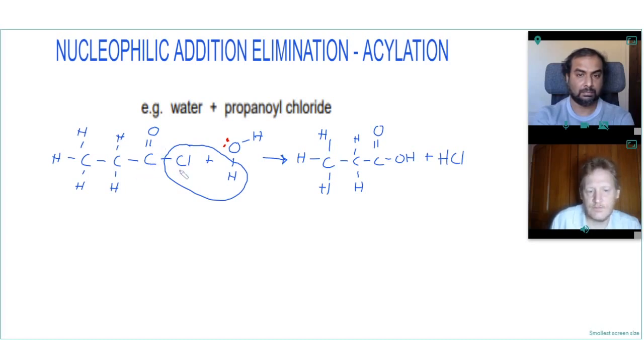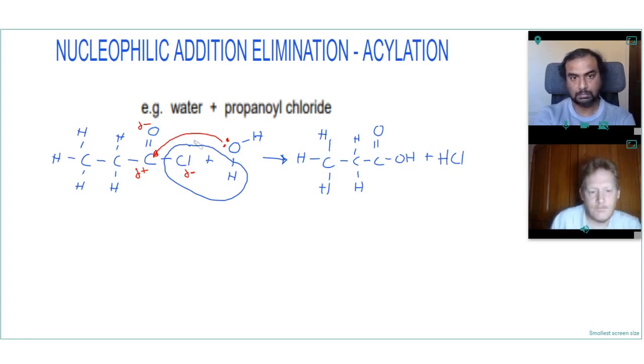So if I draw dipoles in here, we don't have to do this for the mechanism, but I think it helps to show where our electrons will go: to the delta positive carbon of the acyl chloride, and form a bond with the carbon.